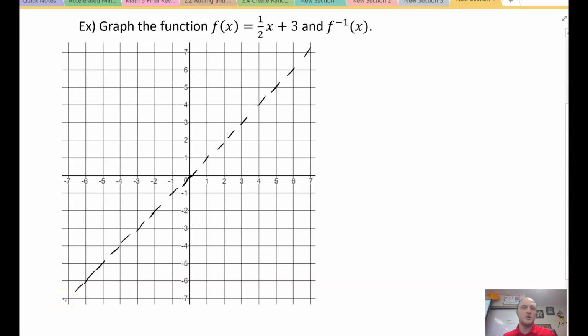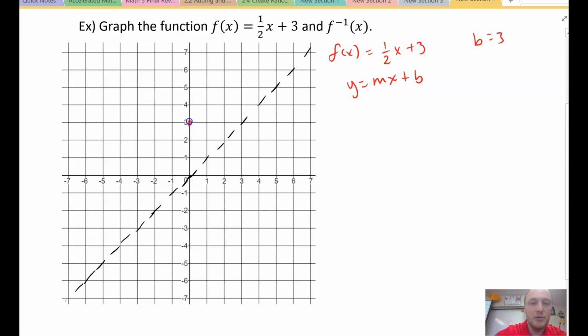Okay. So now I want to go ahead and plot f of x. Again, f of x is a linear line, 1/2 x plus 3. And how do I plot a linear line? Well, you have y equals mx plus b. You have a b value, and in this case, your b value is 3.